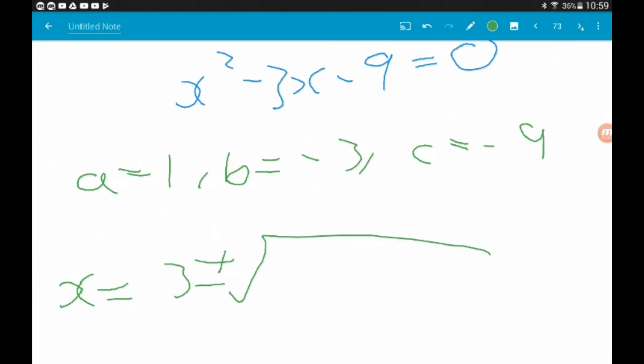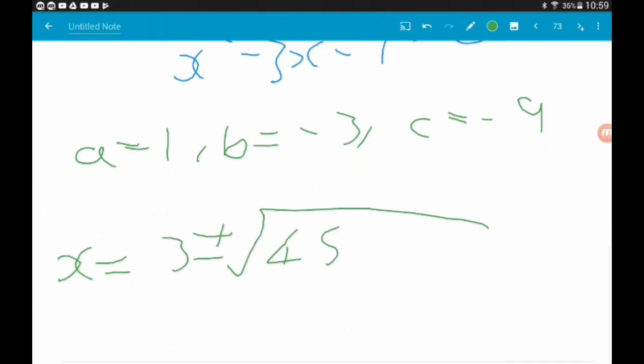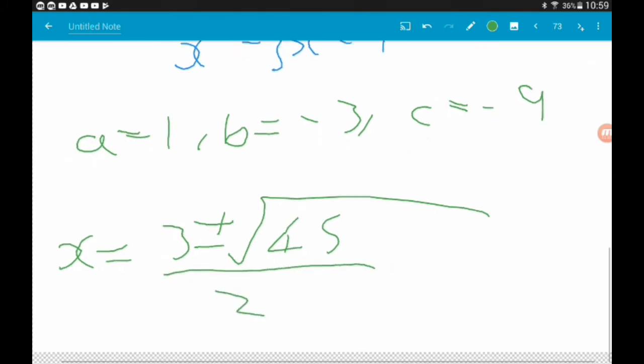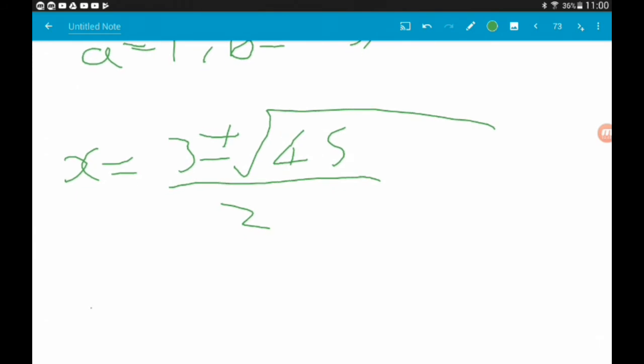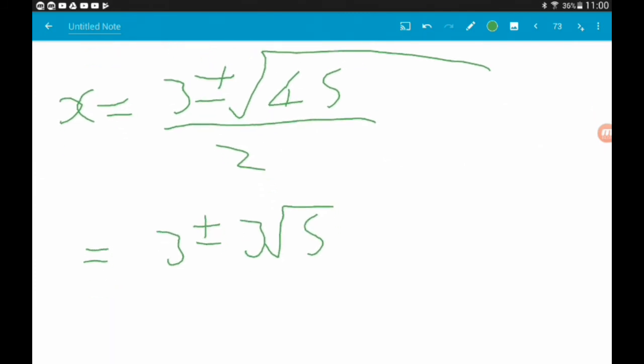That was going to be positive 45. And then that's all over 2a, so it's all over 2. So let's simplify that a little bit. We've got 3 plus or minus root 45. Root 9 is 3, so we've got plus or minus 3 root 5, all divided by 2.